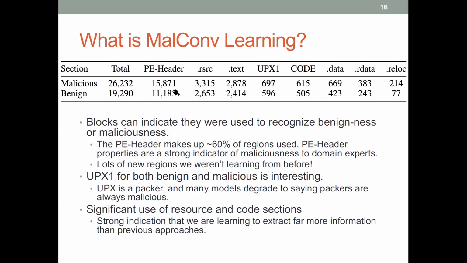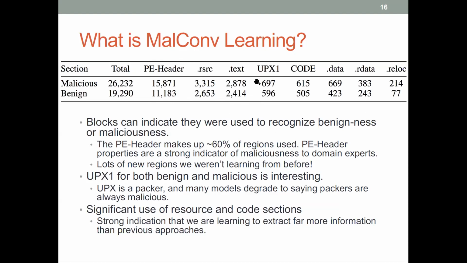The same happens for the benign samples. You can see that the model has used bytes or blocks found under text or data or R data in different samples as well.